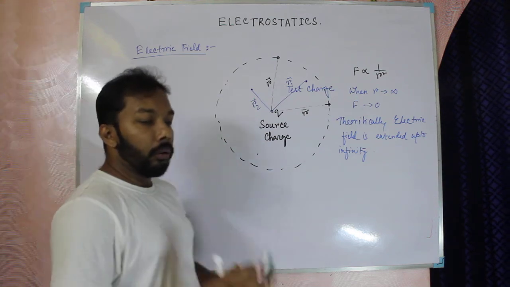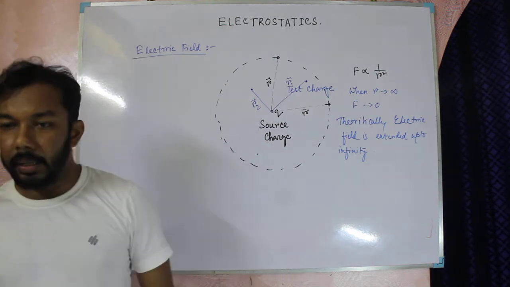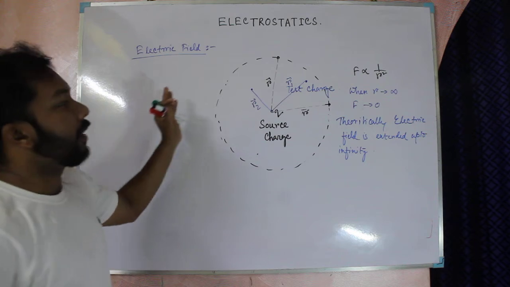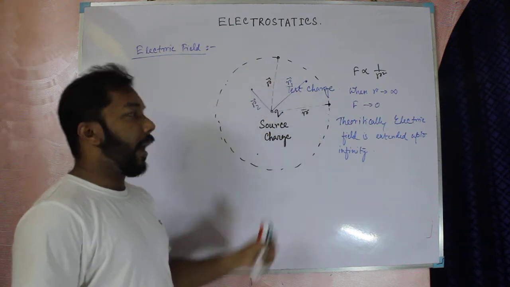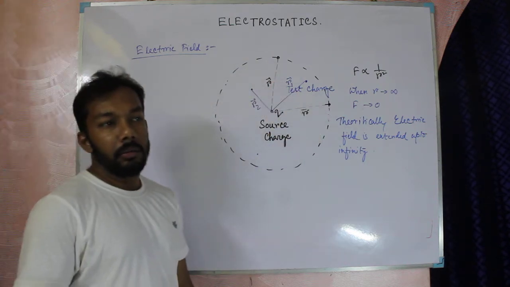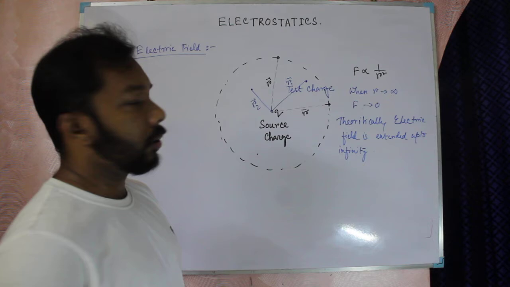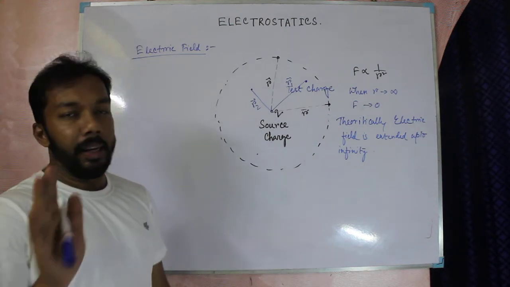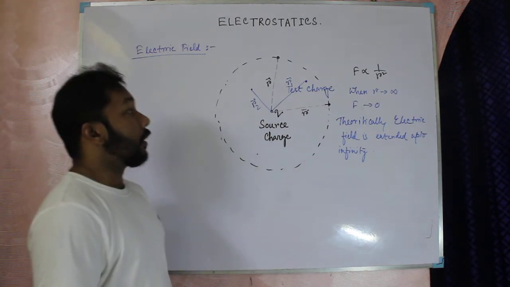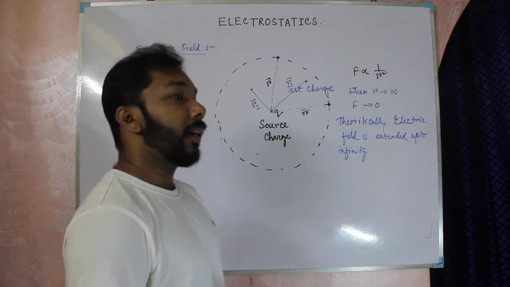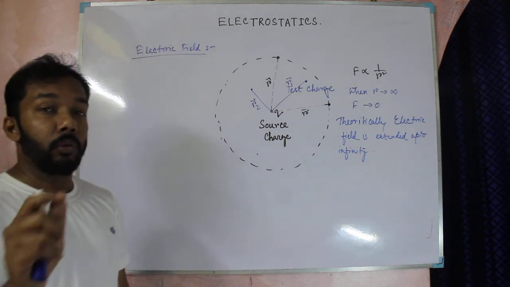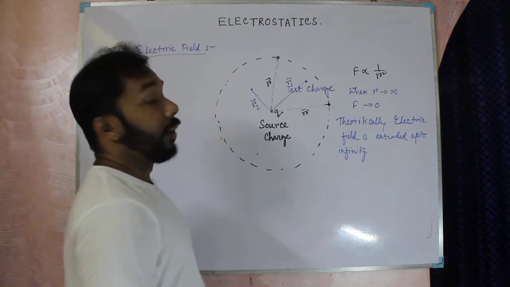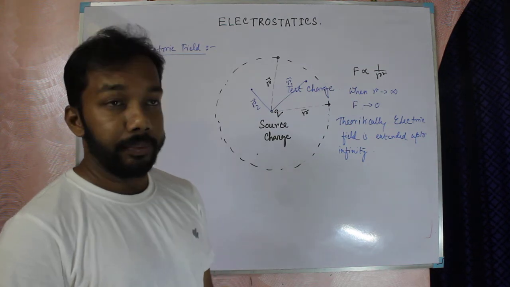So, what we learn is that the electric field is a space where a test charge will experience a certain force exerted by the source charge. That is called the electric field. Now, qualitatively it is okay, but quantitatively we need to define the electric field.